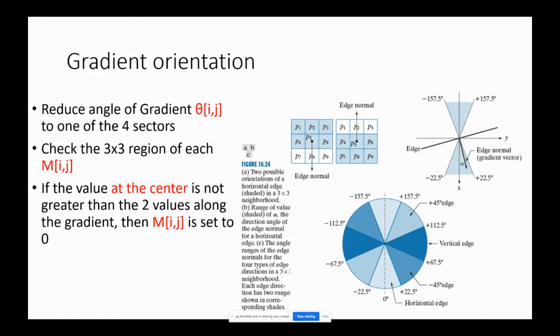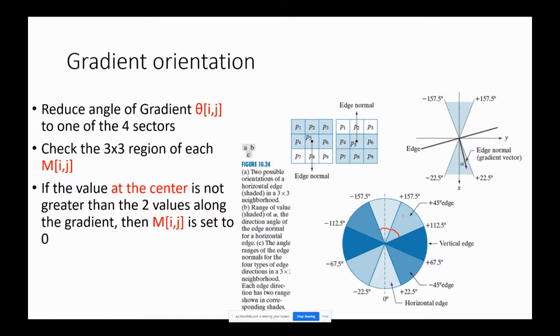And also, I don't allow any gradient orientation. You see that a gradient is just a subtraction of pixel values, so you may take any value. But it's a digital image, so I don't want to have any value. So I discretize, just allowing values within 45 degree intervals.